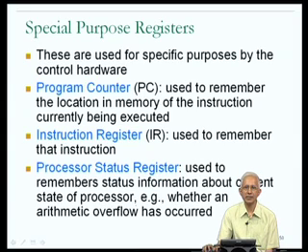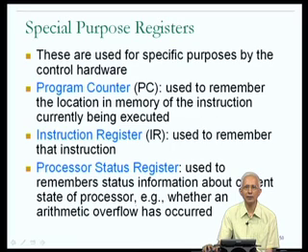And if that is the case, that could be reflected as a change in the state of the processor by maybe a bit in the processor status register. So various pieces of information about the current state of the processor would be contained in this processor status register and used by the control hardware to manage the execution of a program.